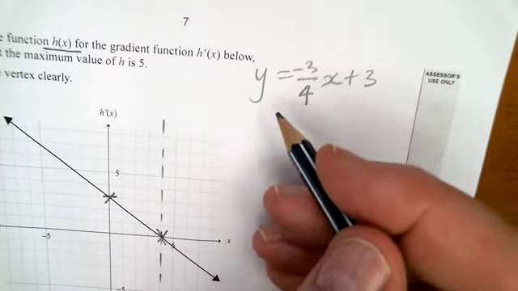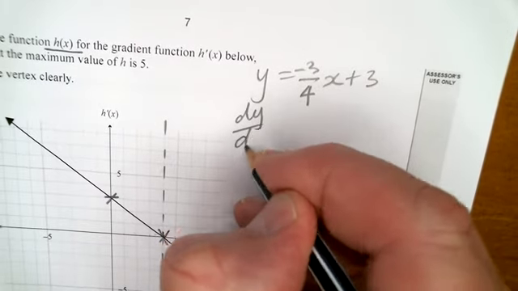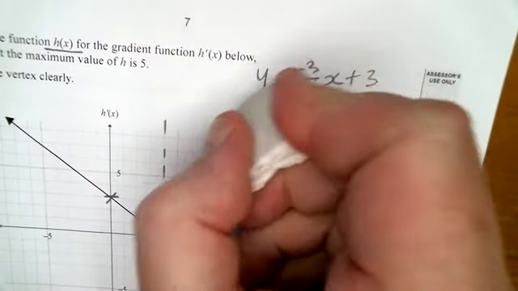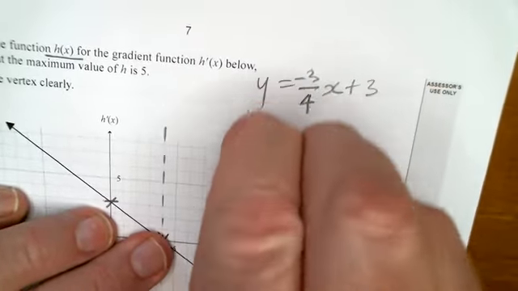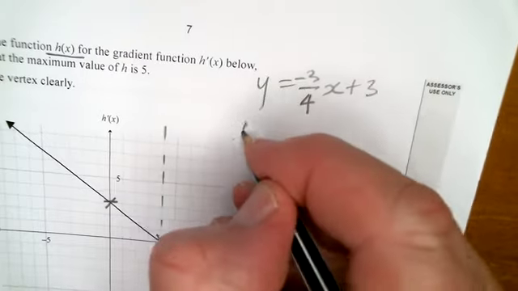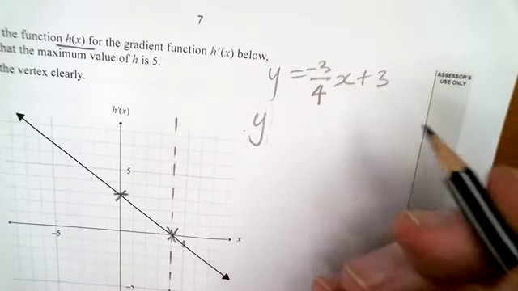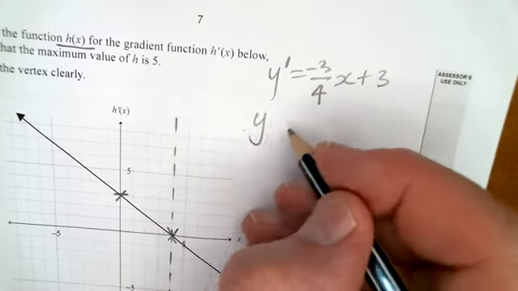So if we integrate that, we find y, sorry, we find y dash, if you like. This is going to be y.